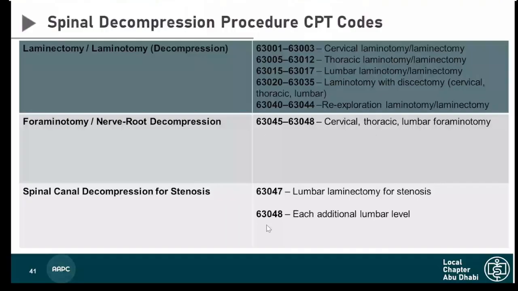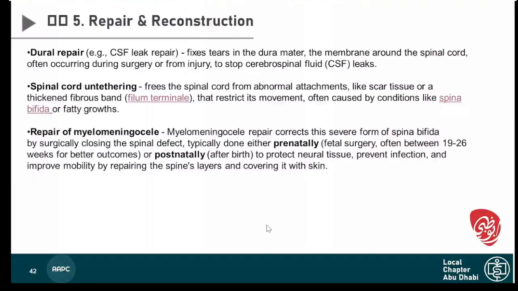Next come repair and reconstruction. Repair and reconstruction means, first, dural repair. Dural repair means repair of the dura mater. We already discussed the dura mater. So the repair of dura mater is for CSF leak repair.